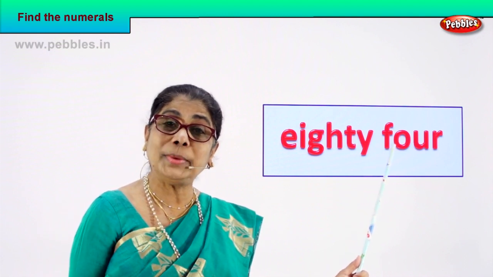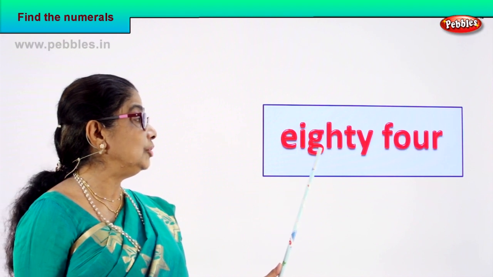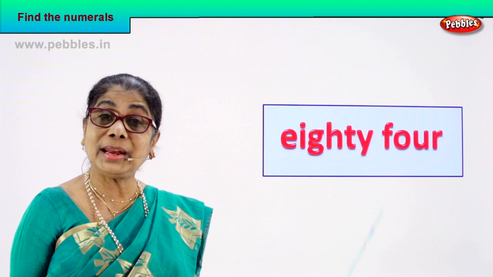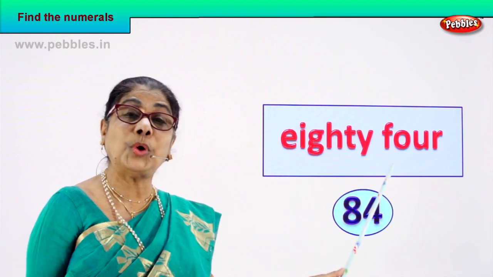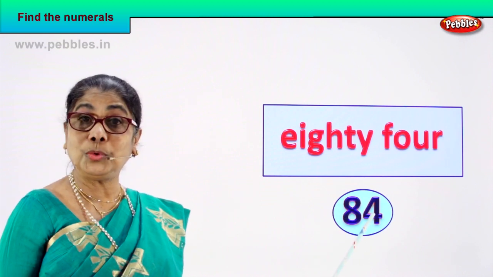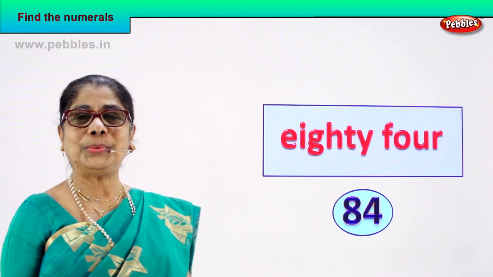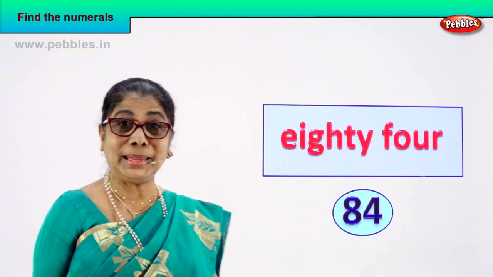What about the numeral? How do we write 84? 84 is written as 8 and 4. Good. So you found the numeral for the number name.